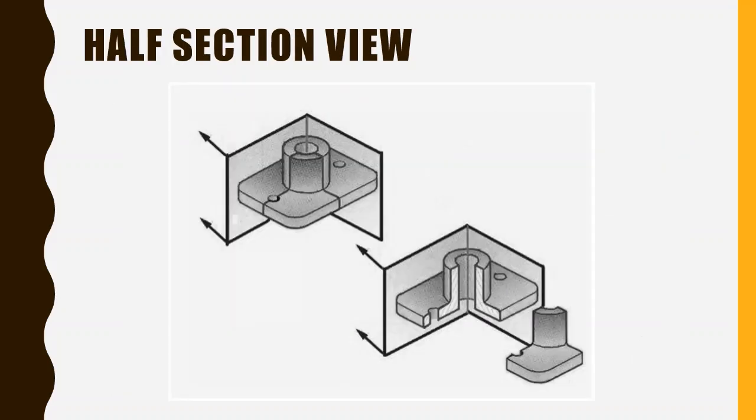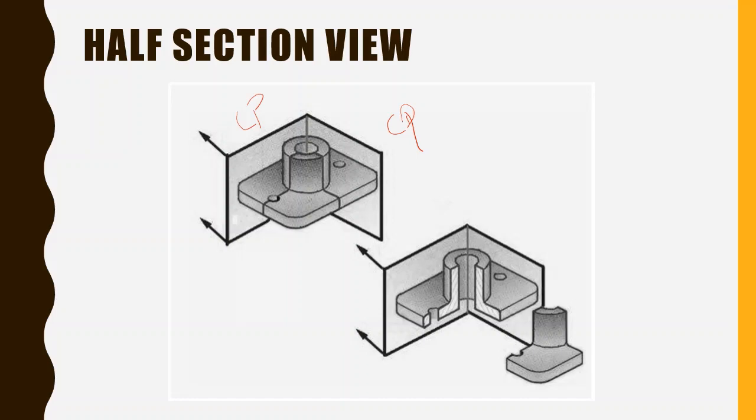What is meant by half section view? Here you are carrying the section plane or cutting plane both parallel to VP and perpendicular to VP. So parallel to the vertical plane and perpendicular to the vertical plane, both are carried at 90 degrees together.